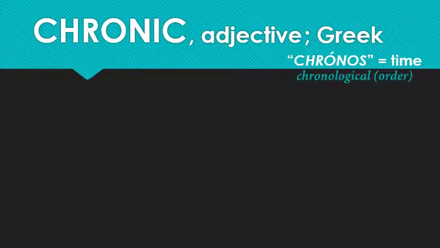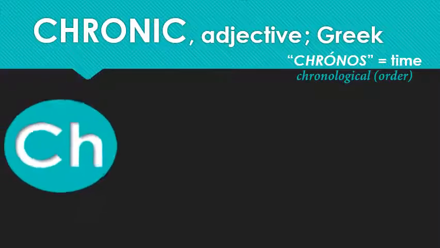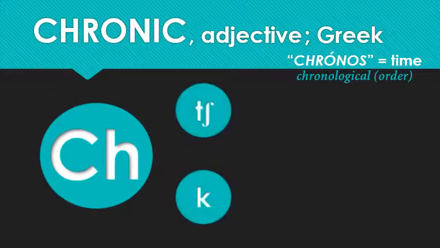Words like chronological mean the order of time. So anytime you see something with a chron there, it has to do with time. Now, students ask me sometimes about the CH. That can be frustrating in English because most of the time it makes the ch sound, that's the IPA spelling for ch.